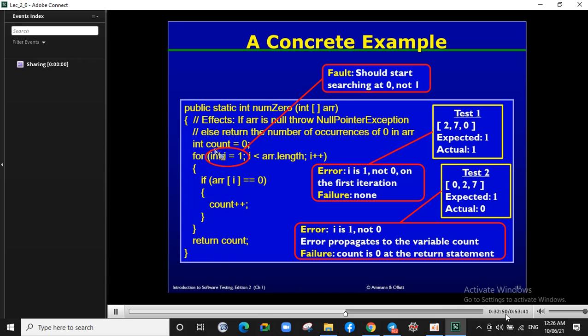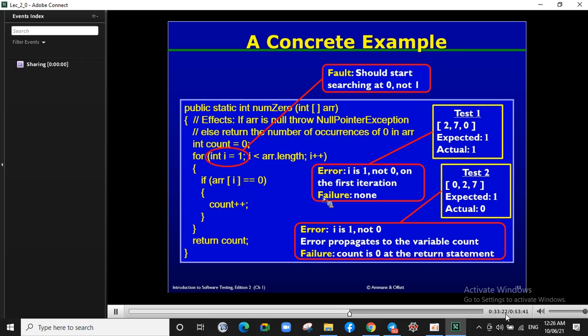The result of this error state would be propagated during the execution of this for loop, because in the first round of running the for loop, count should be set to 1, but this isn't done because the for loop starts at position 1 and the first element is not checked.